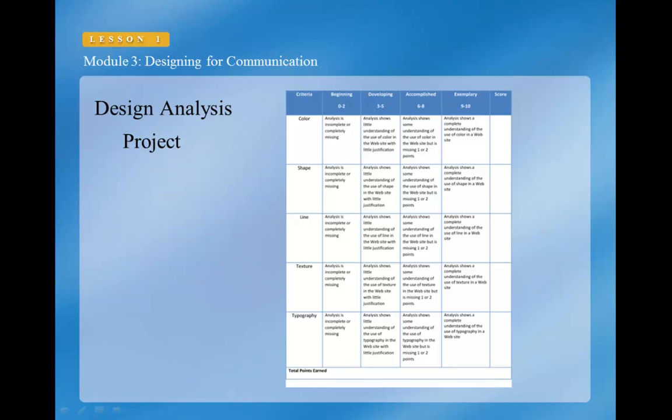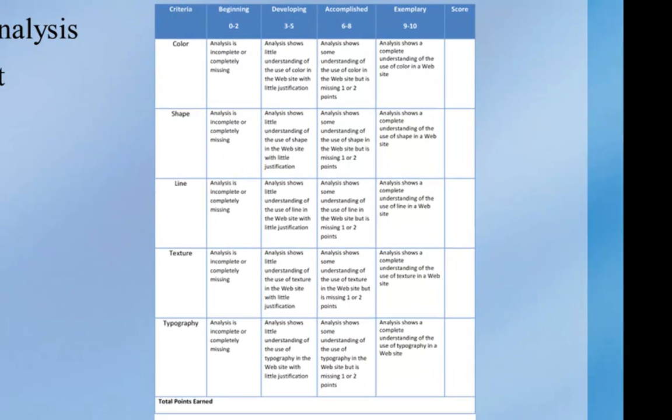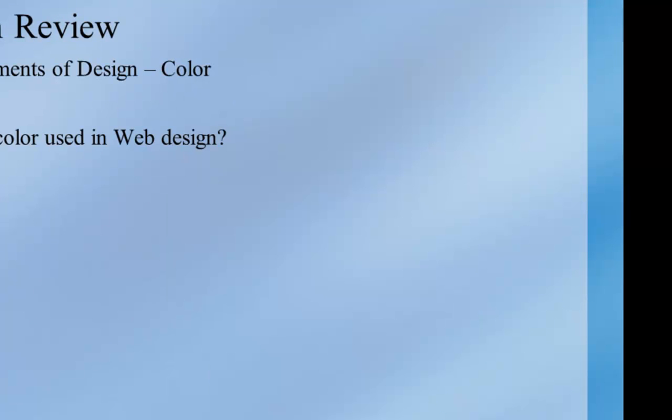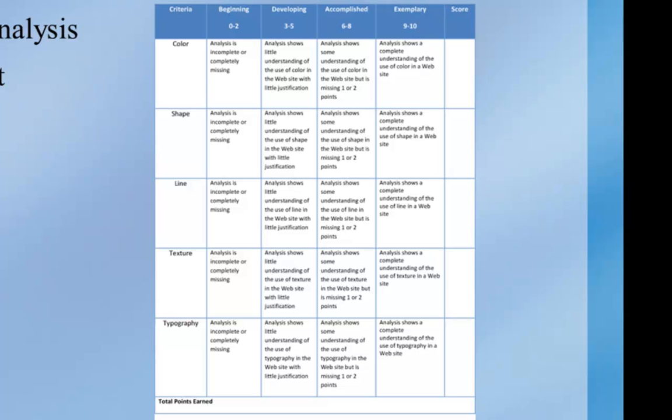So here is the project you are doing. I know this is hard to read, but you're going to choose one website and you're going to write a paragraph about how well it uses color.